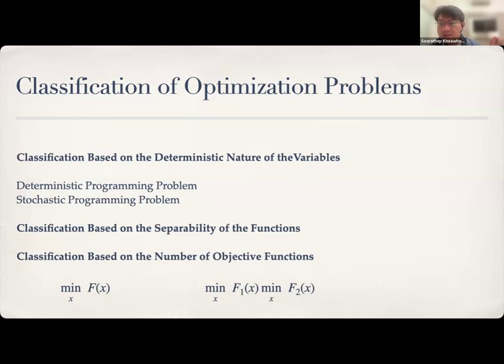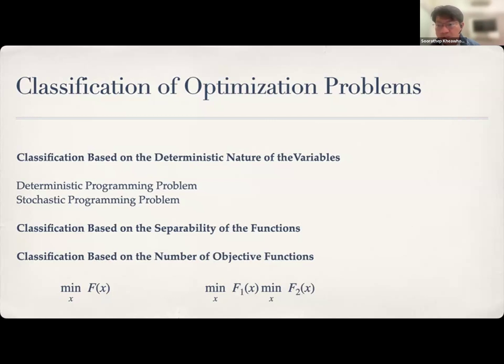We adjust the decision variables in order to achieve the minimum or maximum of a certain single objective function. But in the real world, sometimes you have many objectives. For example, you have two objectives. You want to minimize one thing and minimize another thing at the same time.